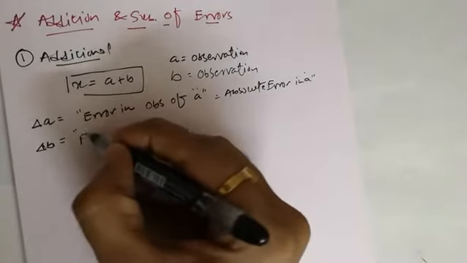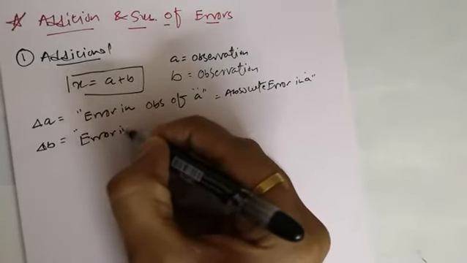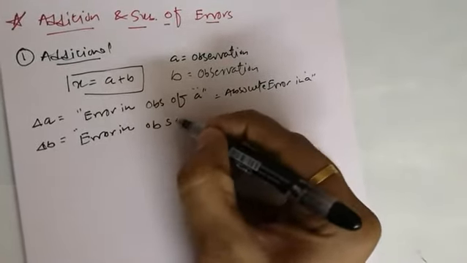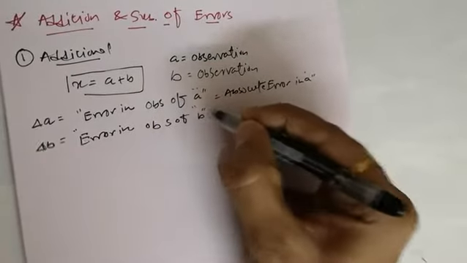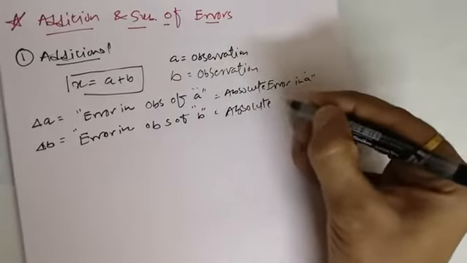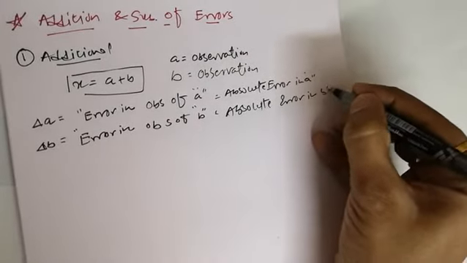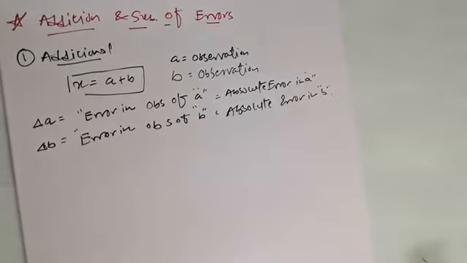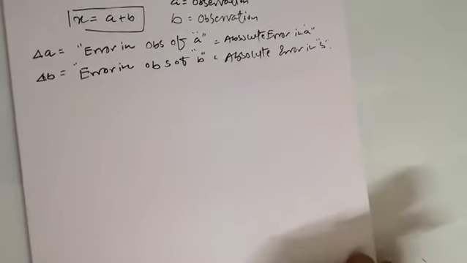Delta b is called the error in observation of b, or you can say that it is called the absolute error in small b.